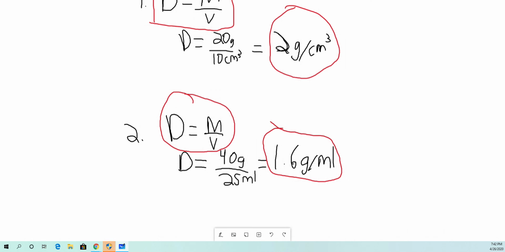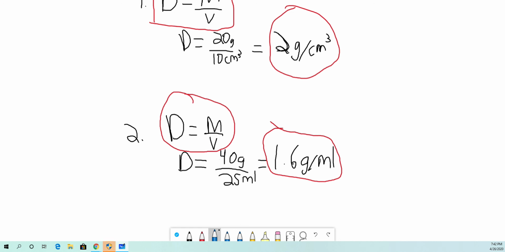Now, the last thing I want to talk about before I let you go is I want to connect this concept to what we learned about a week and a half ago. Let's look at number 2. In number 2, our object has a density of 1.6 grams per milliliter.